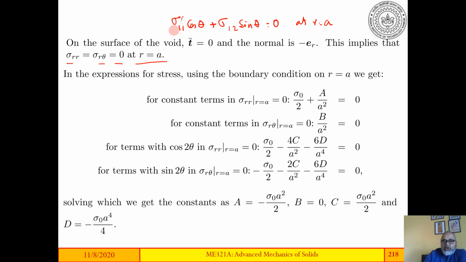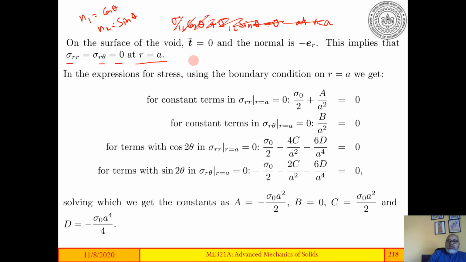This would have been more complicated because n1 would have been cos theta and n2 would have been sine theta, and that would have led to a more complicated equation for the Cauchy condition. Whereas in this case, because the normal is in one of the coordinate directions, that is minus ER, I get this right away.